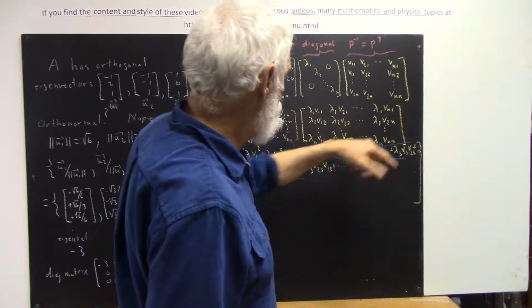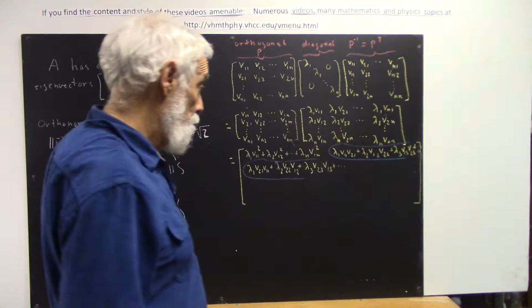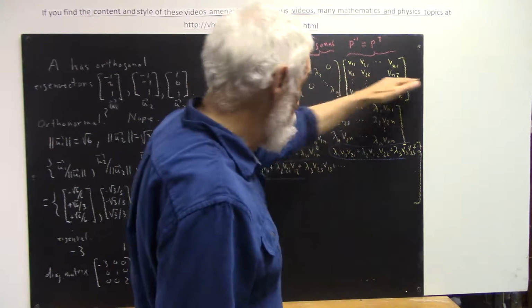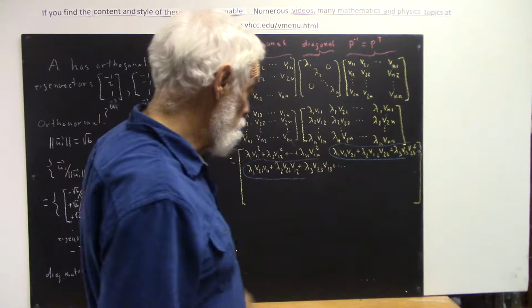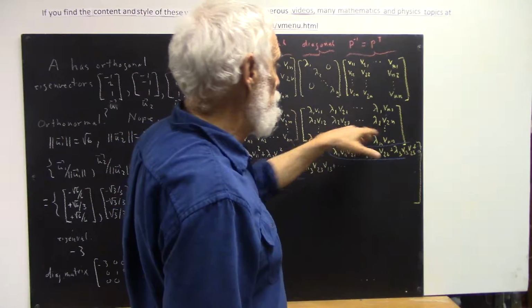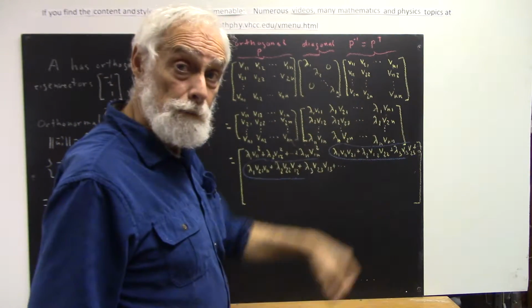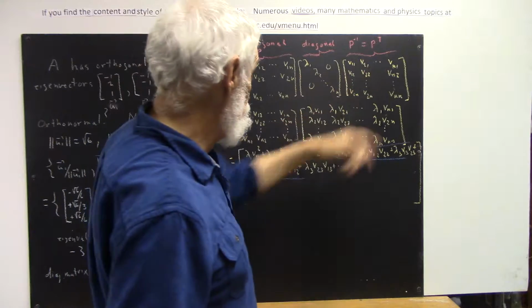Okay, in the second row, we're going to have these numbers, but with lambda 2 in front of them. In the third row, we'll have all the numbers in the third row here, but with lambda 3 in front. When we get down to the last row, we'll have lambda n in front of every member of this row. So that's the way the first multiplication works.